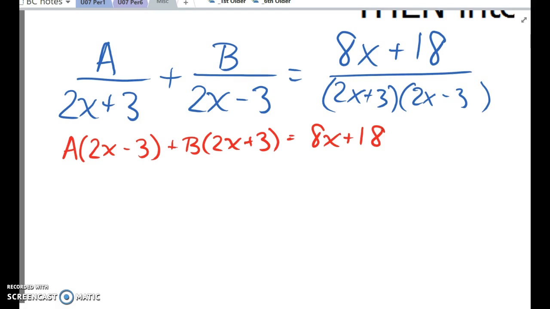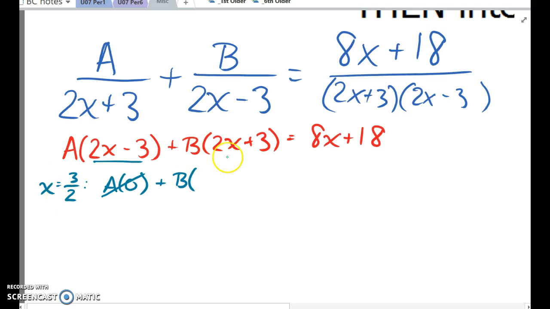From here, you can do the Heaviside method, which is what I'm going to do. You could also do that coefficient trick that we did for our first example. The Heaviside method, you end up having to deal with some fractions. So if you want to avoid that, you could do the system of equations thing we did first, looking at the coefficients. But for me, I'm going to say, to get this first piece to equal 0, I'm going to plug in x equals 3/2, because that's going to give me A times 0, plus B times 2 times 3/2 is 3, plus 3 is 6.